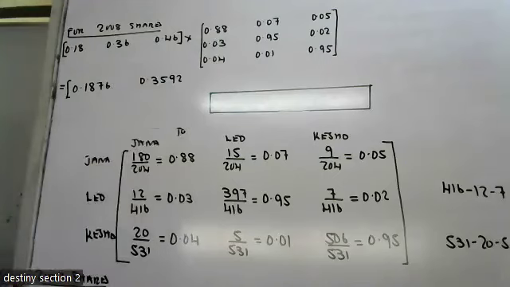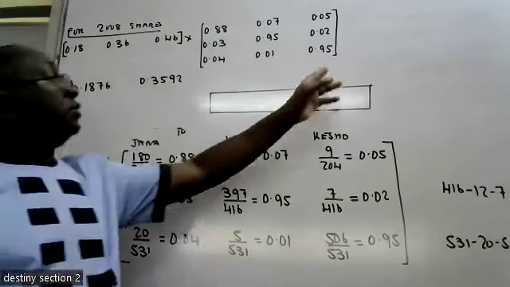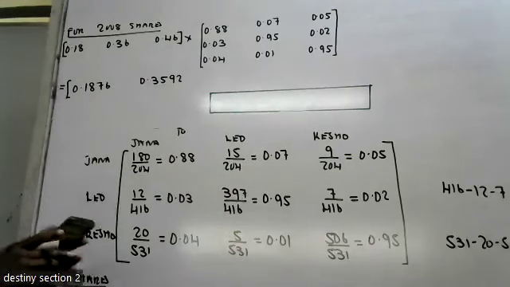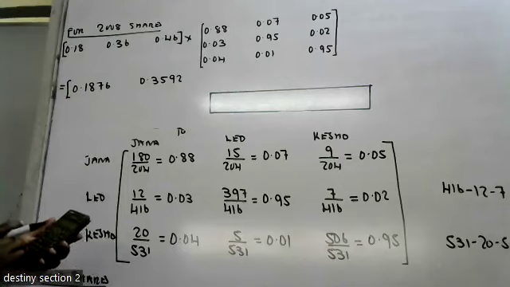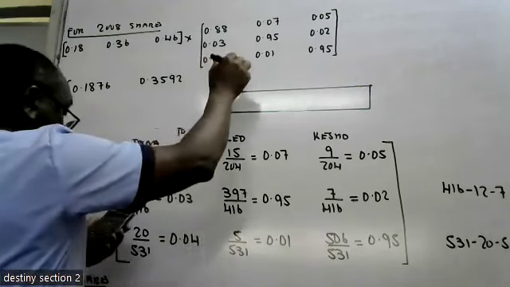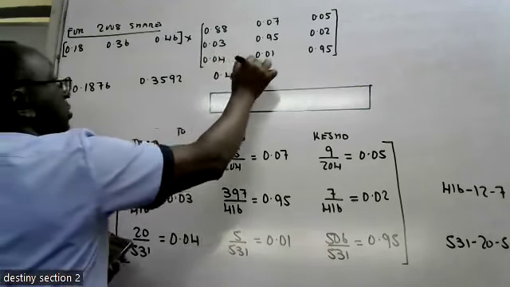0.3592. And because we must ensure that they add to 1, I've kept on saying, you get 1, you minus the first 2, 0.1876. And this give me 0.4532.